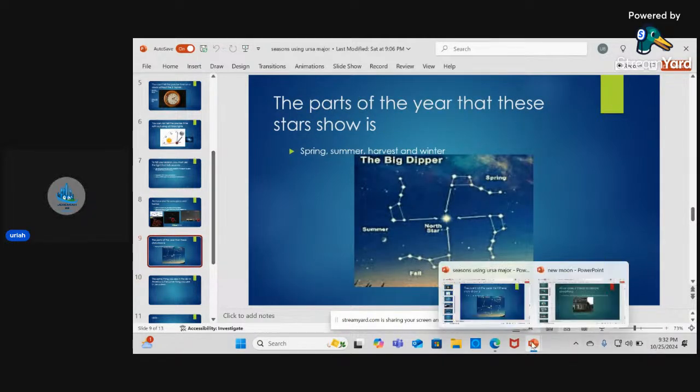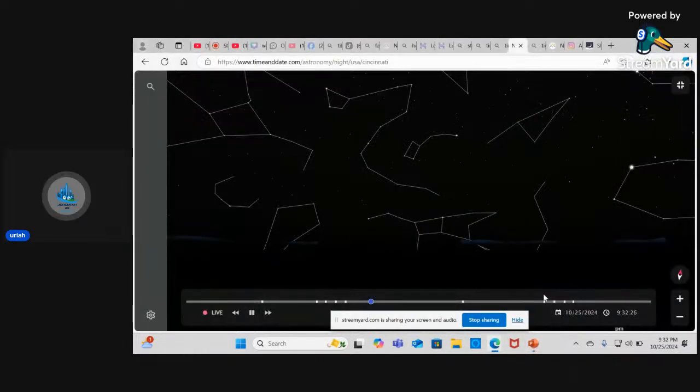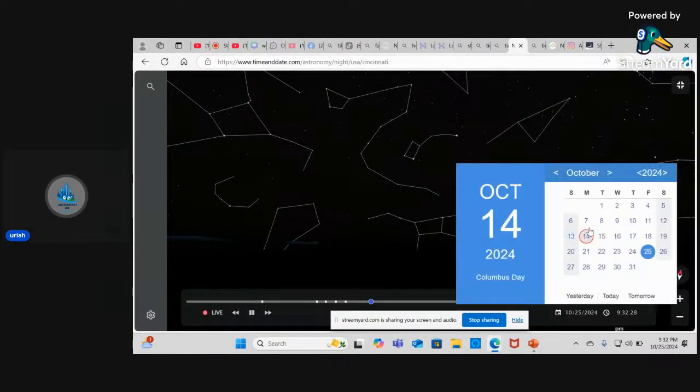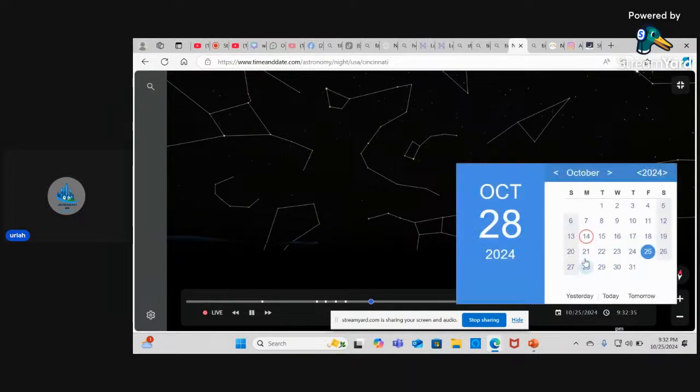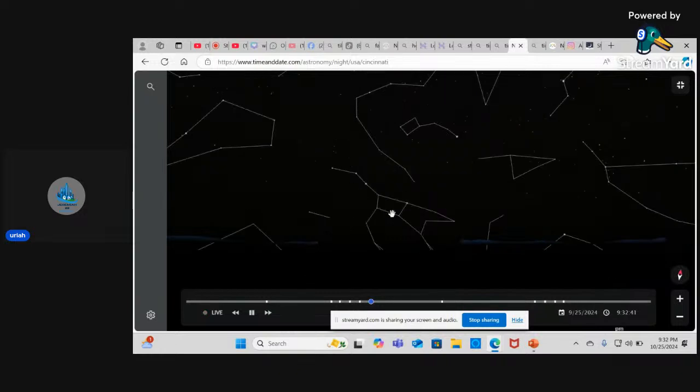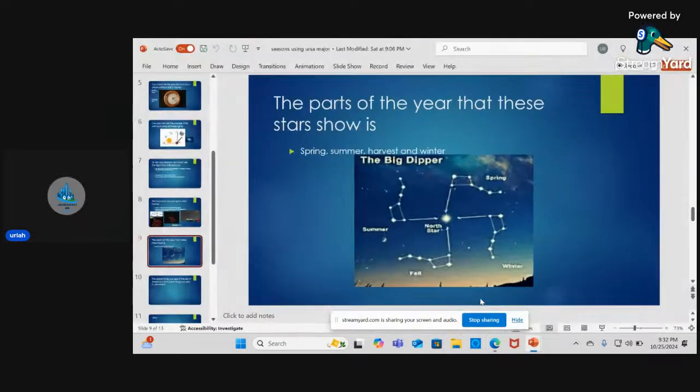fall. Right? Now, if we go a month back, you will clearly see that it is not fully aligned in this position, as you can see in the diagram.